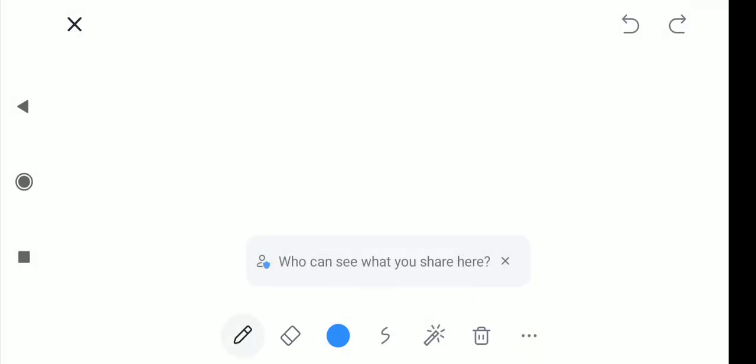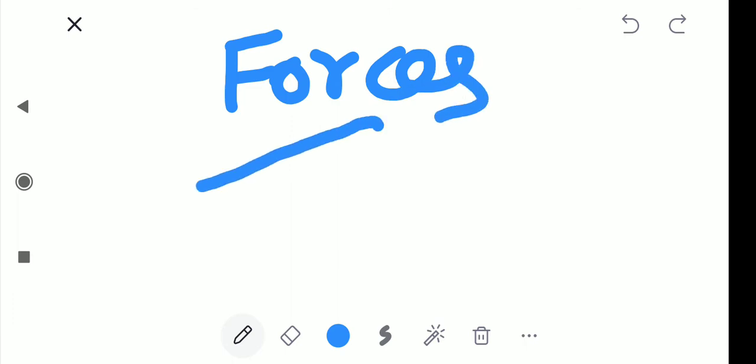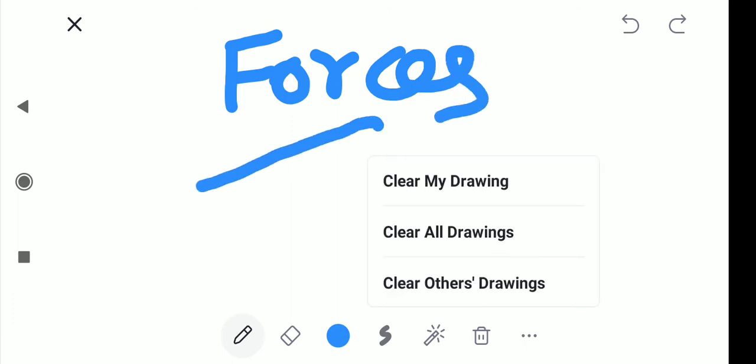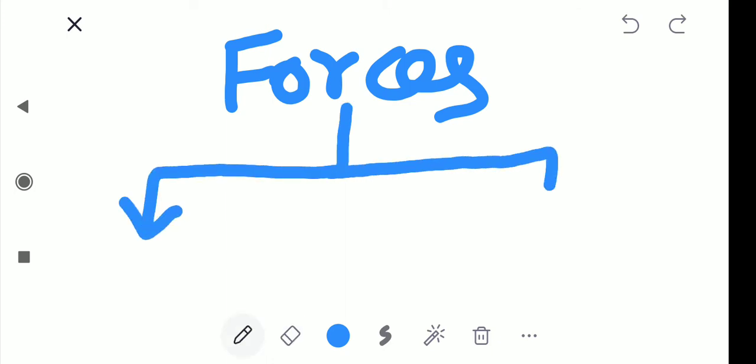Forces are of two types. One is contact.